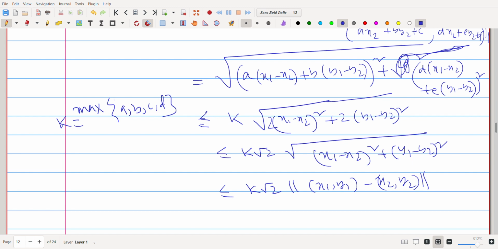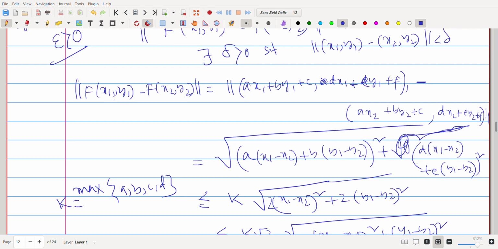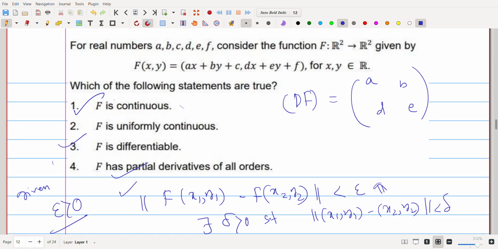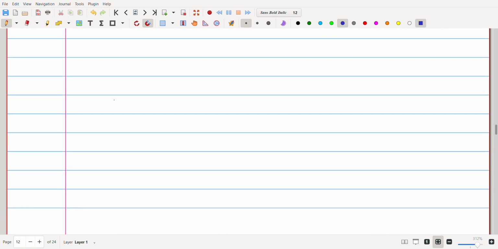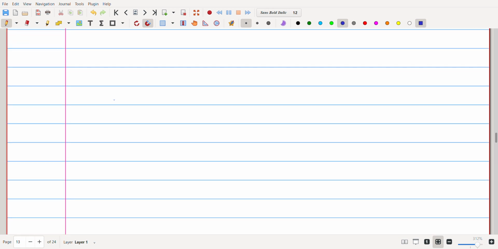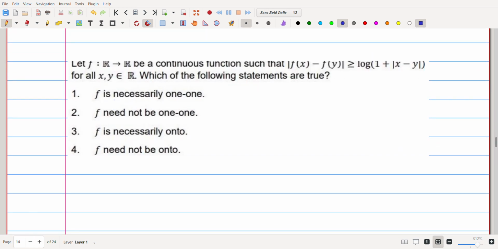So hence this function is a Lipschitz function. Hence this is uniformly continuous. Since it is Lipschitz, it is uniformly continuous. Hence all the options are correct. Move to the next one.